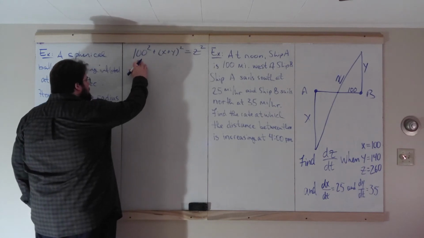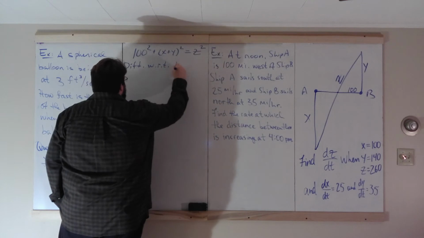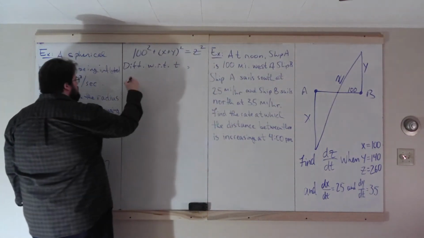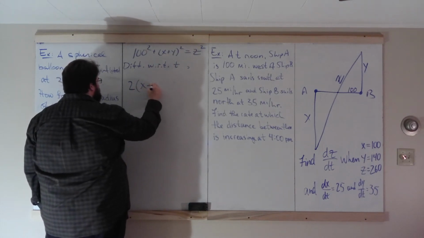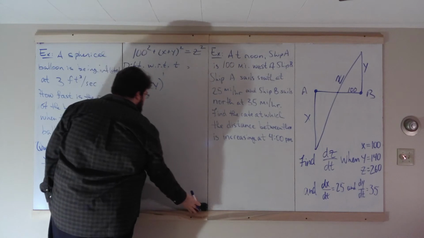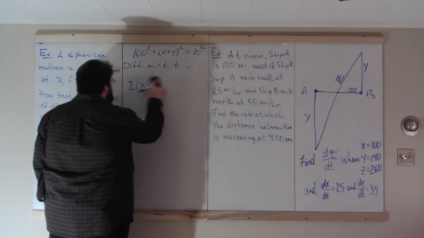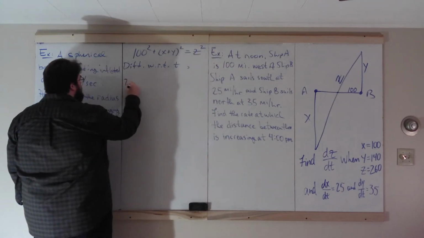Differentiate with respect to time. 100 squared doesn't change, so 0. What about this? Well, that's a quantity squared. So the derivative is 2 times that quantity to the first. But then, by chain rule, you have to multiply by the derivative of that inside quantity.